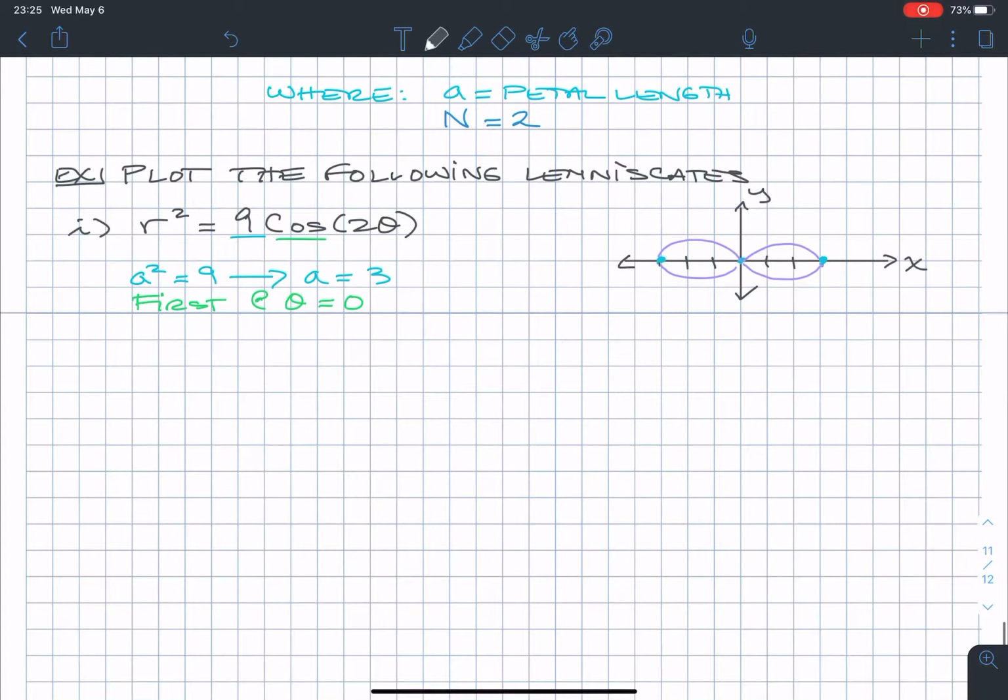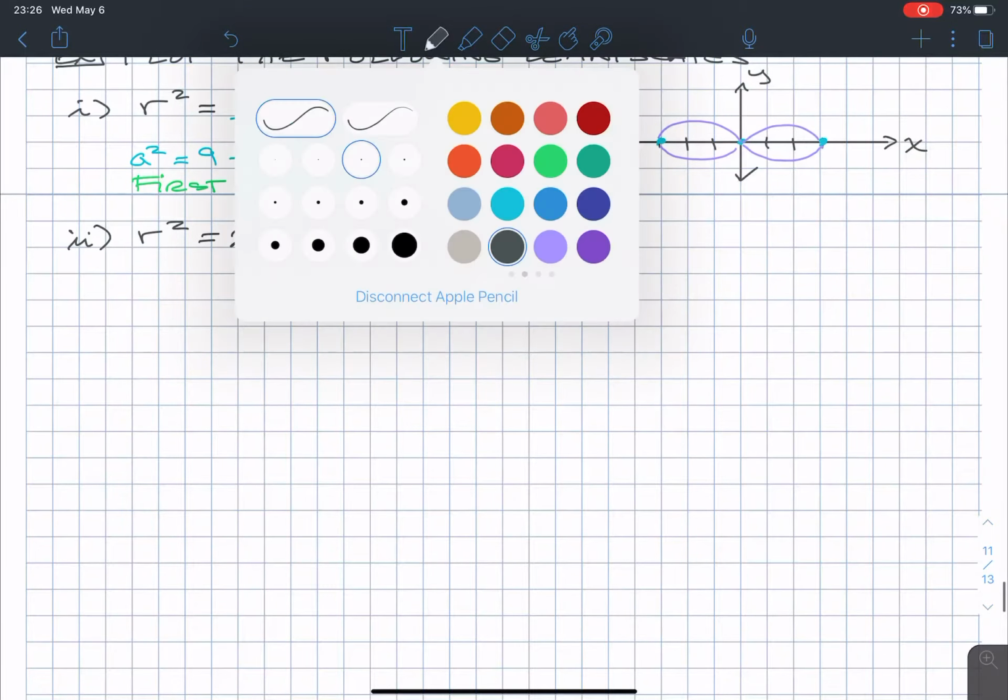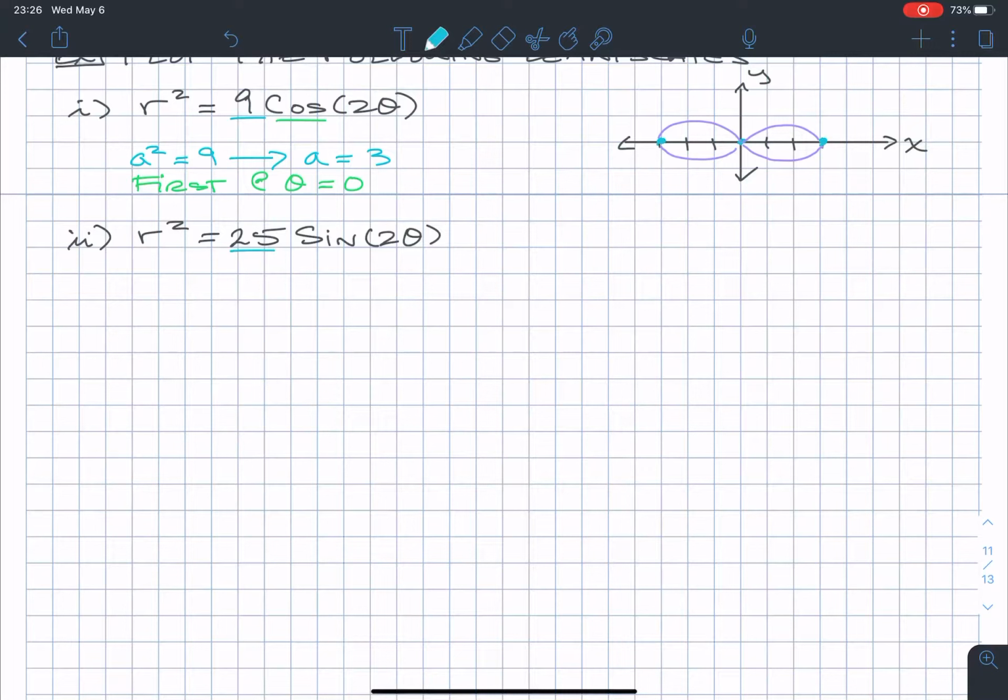And now let's do a sine lemniscate. So let's say we have r squared is equal to 25 sine of 2 theta. Okay, so in this case, a squared is 25, which means that a is 5. And we know that the first petal will be along theta equals pi over 4.